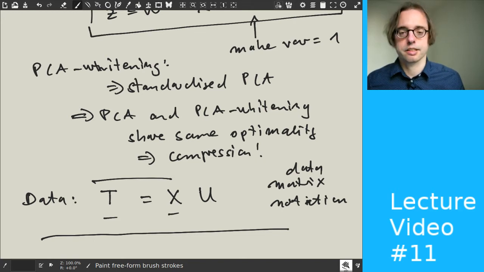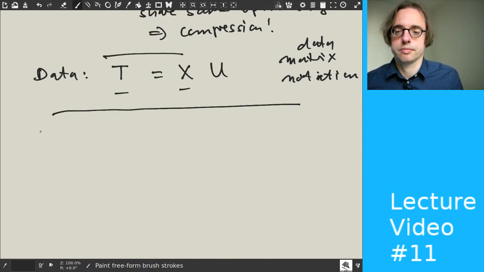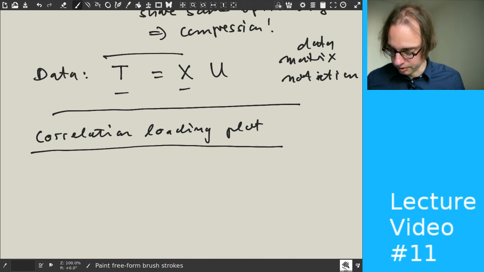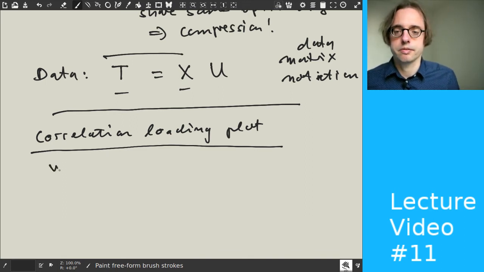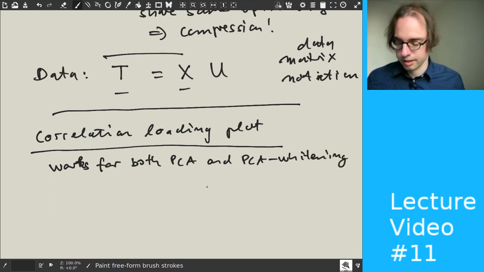One thing is called the correlation loading plot, and this is actually quite useful, and that works for both PCA and PCA whitening, because it's essentially the same apart from the standardization. I'll show you an example in a minute.